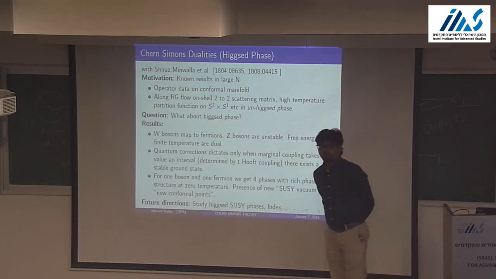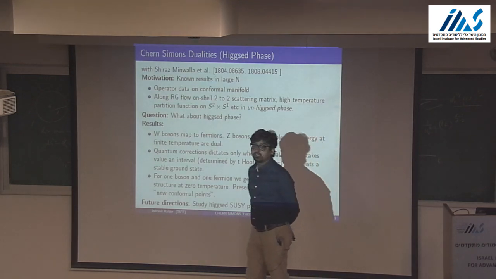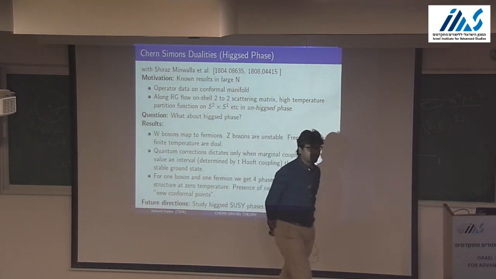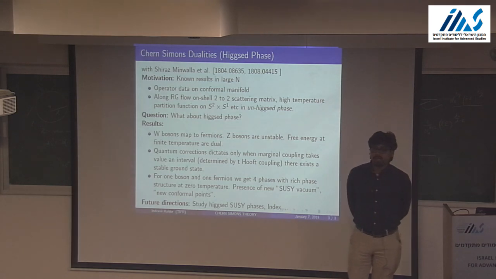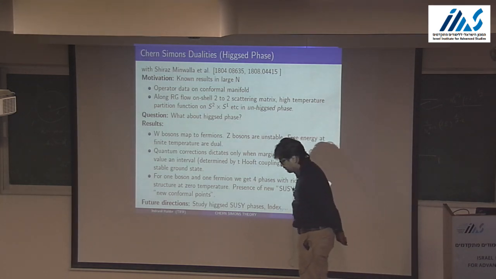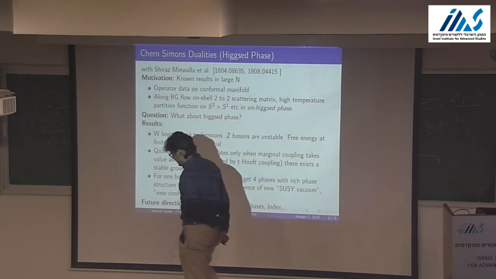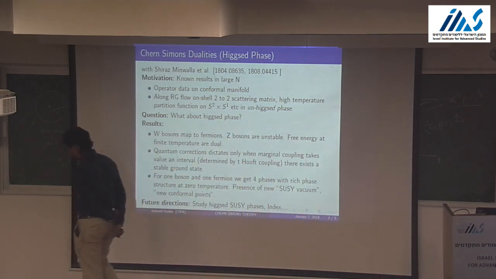Next I will be talking about deformations of N equal to 2 theories. So we deform N equal to 2 theories by giving the scalar some vacuum expectation value, and we ask the question, can we have any supersymmetric minima in which the expectation value for the scalar is still turned on?